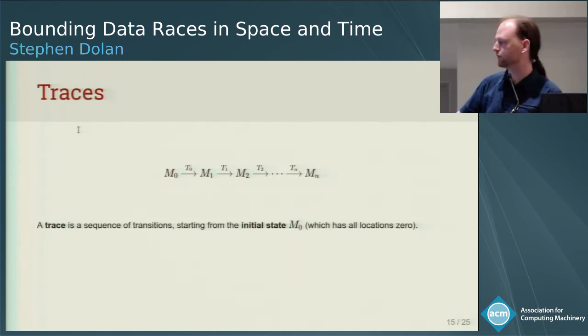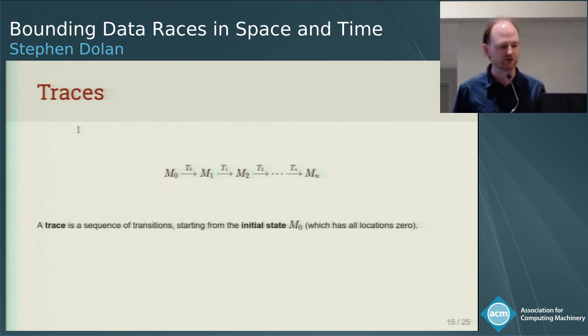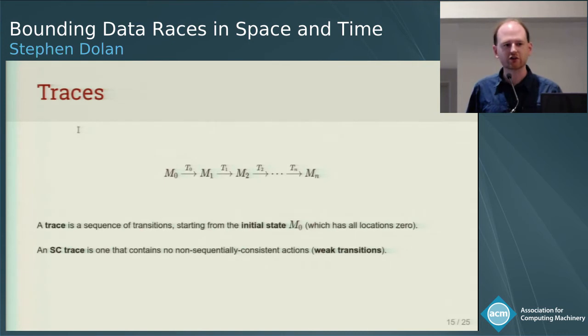It starts in the initial state, which is everything initialized to 0 for simplicity. We'll say that a trace is an SC trace if it does nothing that we couldn't observe on a totally sequential machine, where every action is a perfectly sequentially consistent one. And we'll say that an action is weak if it's something that the sequential machine couldn't do.